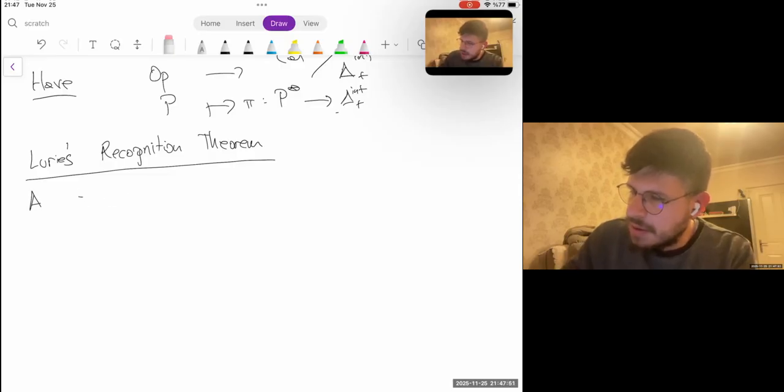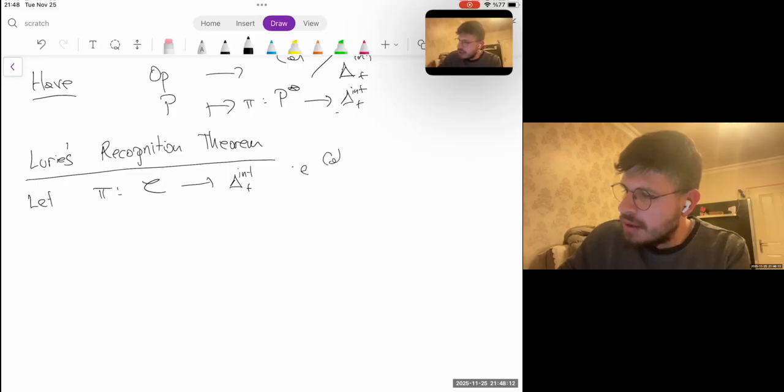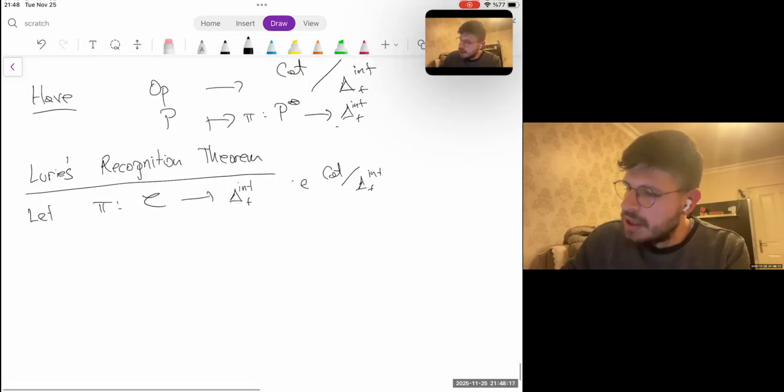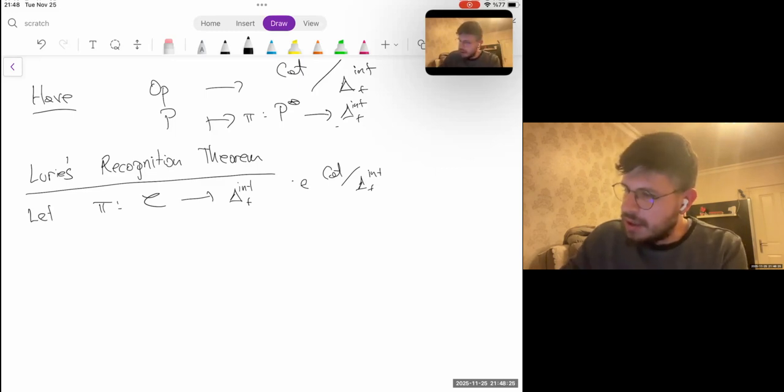Let pi from a category C into this nice combinatorial interval category be given. The point is what properties this satisfies so that it comes from an operad. So we have that.